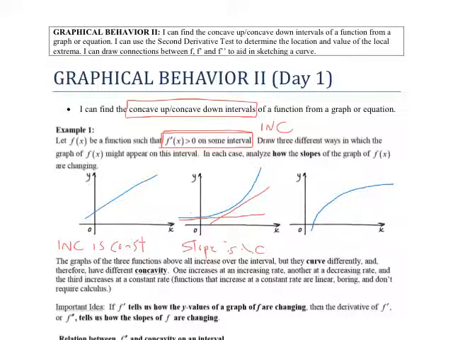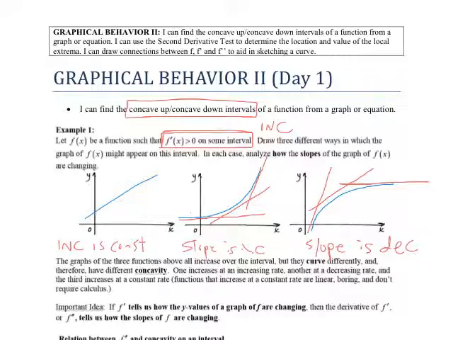Then we have a slope of 1, and then a slope of 2, so the slope is increasing. And then finally, in this last one, our slope is decreasing. We started out with maybe a slope of 2, then a slope of 1, and finally we're decreasing to a slope of almost 0.